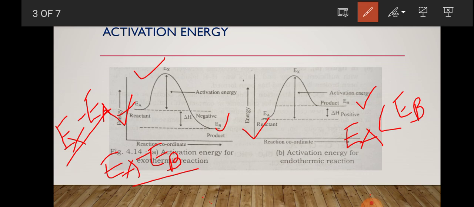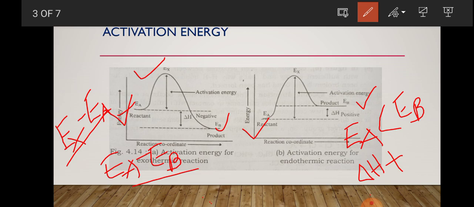This type of reaction is called endothermic reaction. And heat required or enthalpy, that is delta H of endothermic reaction, is positive.